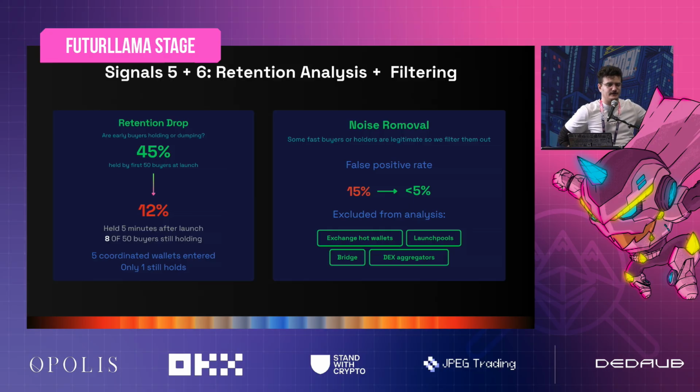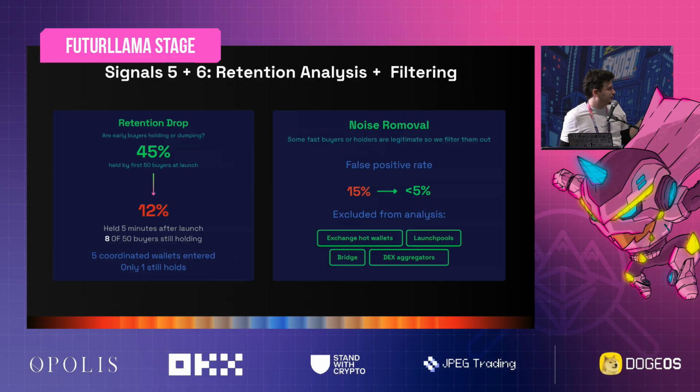But normal projects hold the tokens because they want to distribute them according to their tokenomics. So if we start seeing big drops in the retention of holdings, you can see signals that they are trying to do a pump and dump.